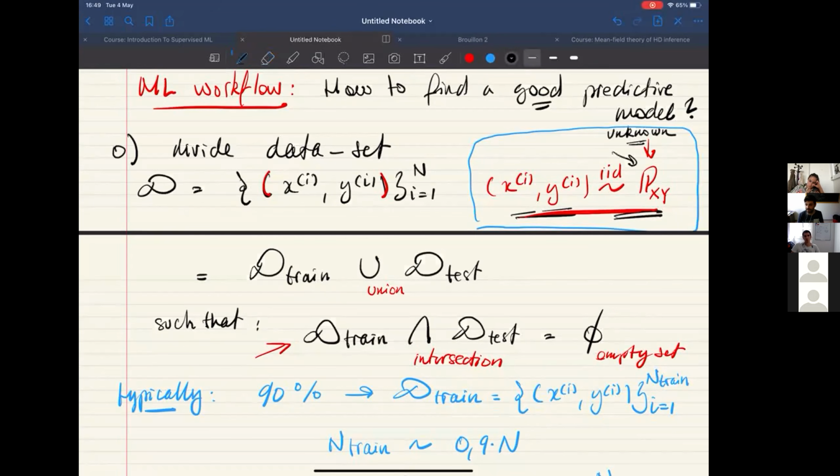So if you have very, very many points, you are able to completely reconstruct this distribution. And therefore, in this case, the training error and the test error should be the same, because both the training data and the test data would contain enough data to fully capture the distribution, and so you would not have a difference between the two.